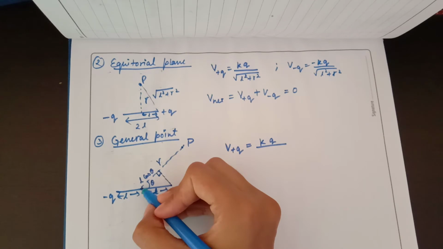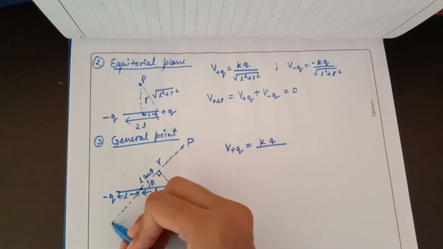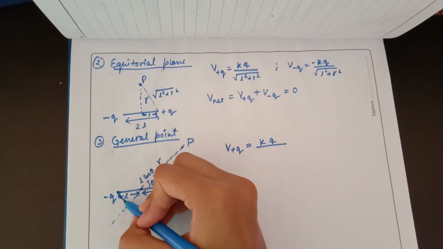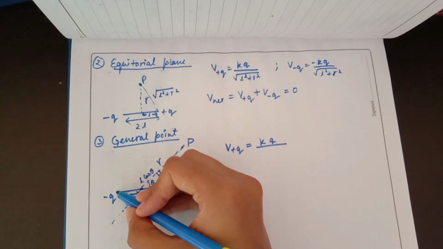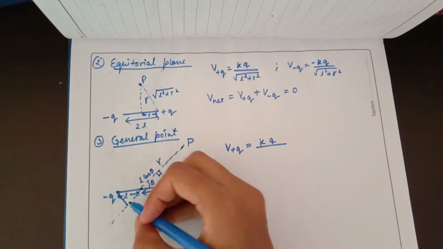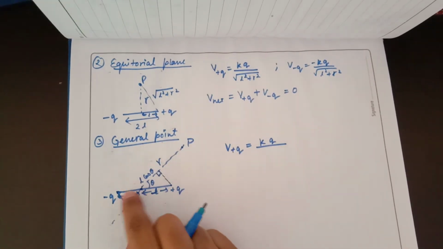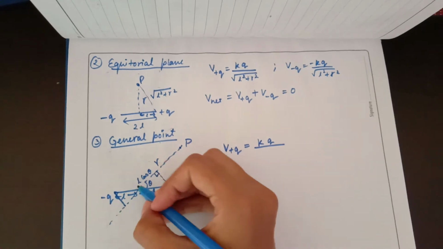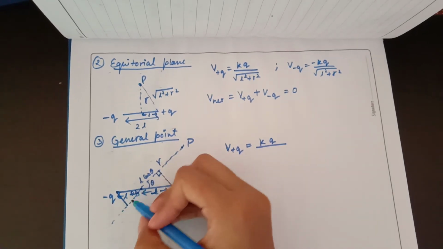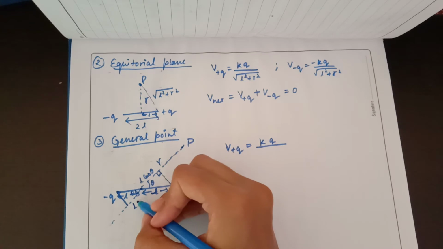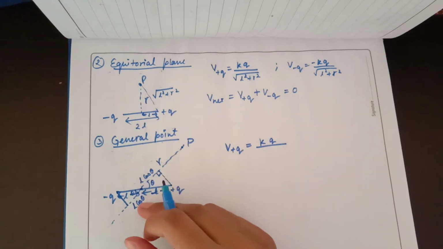And if I extend this and again make a perpendicular from this point to this line, and if this angle is also theta, this line will also be equal to L cos theta.